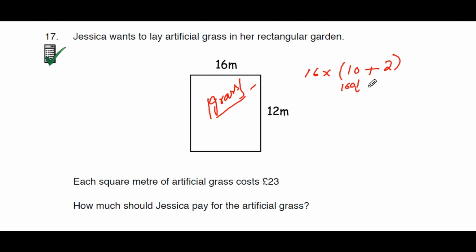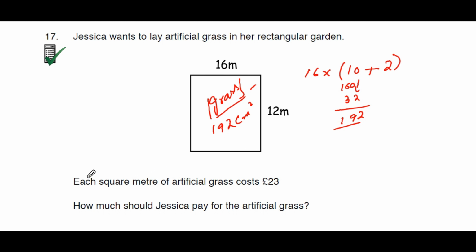So this 0 will just come down and it becomes 160, and 16 times 2 is 32. When we add them up, the answer will be 192 meters squared. Okay, so this is the area of the garden. Now let me write over here the area of the garden.